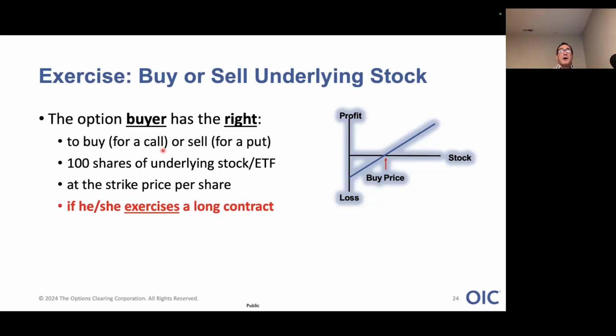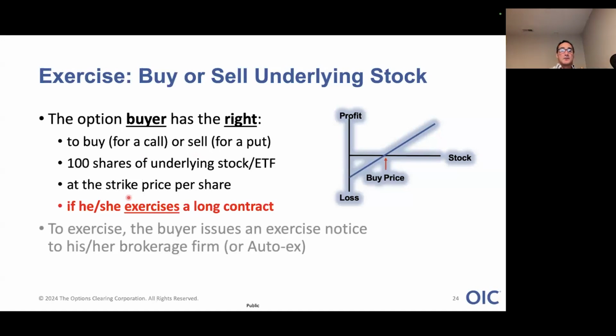We also facilitate the exercise and assignment process. Remember that an option buyer in the case of calls owns the right, but not the obligation to buy 100 shares of stock on or before their expiration at their specified strike price. In the case of puts, the owner of that contract owns the right, but not the obligation to sell 100 shares of a stock or ETF at their strike price, if they decide to exercise.